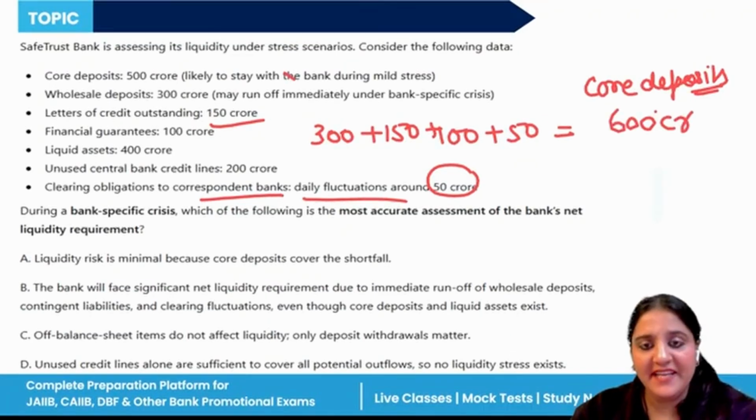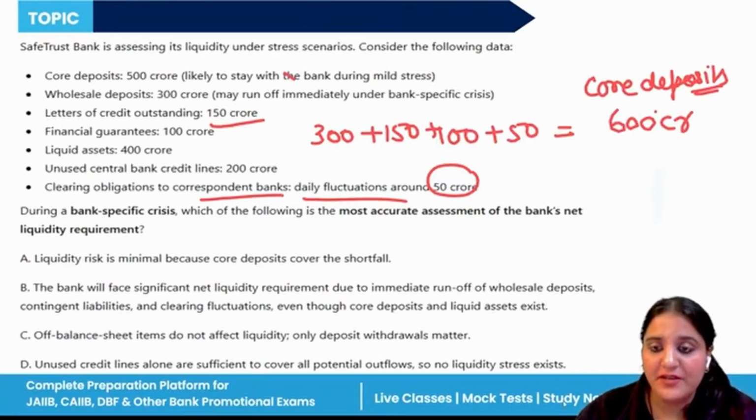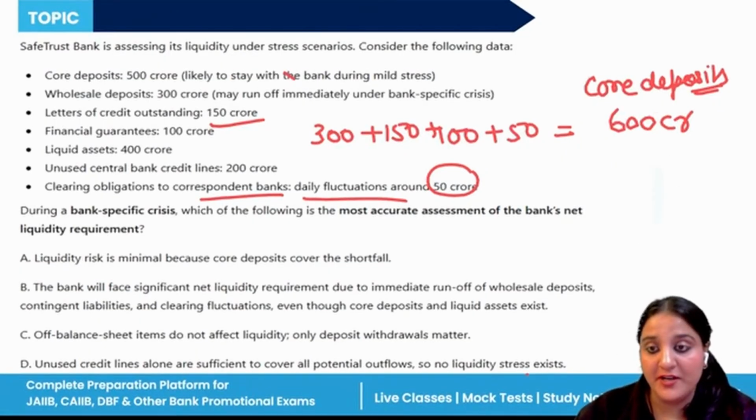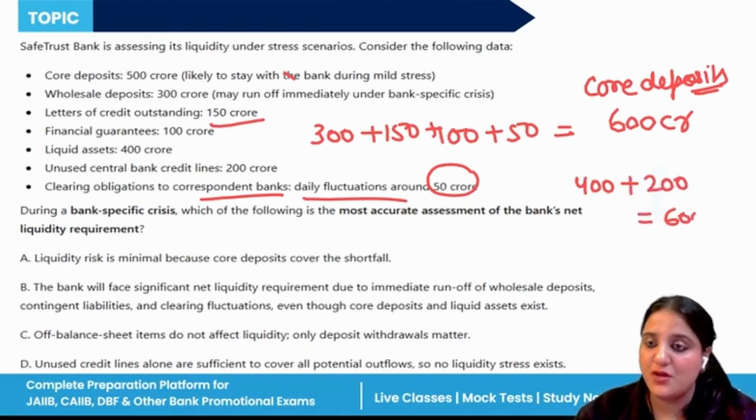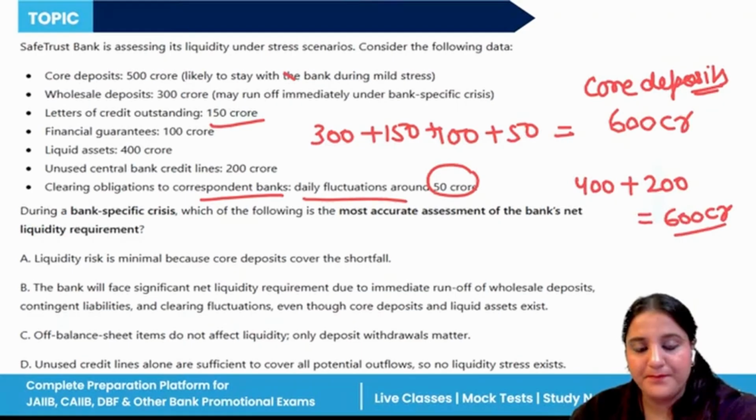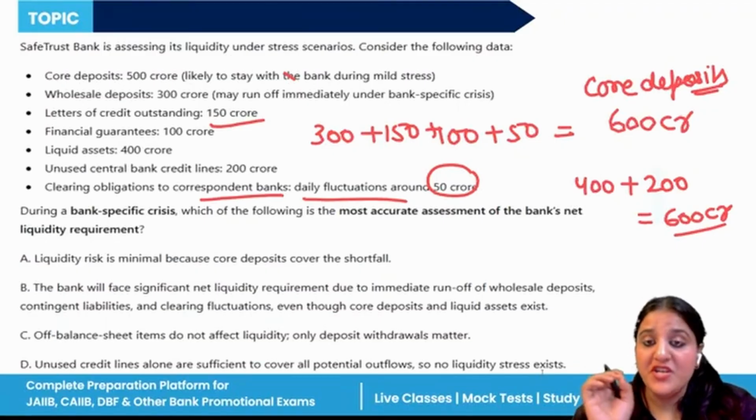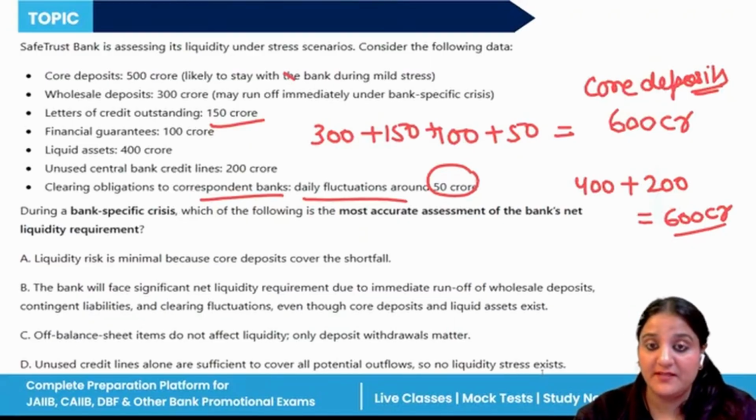And if we add the available liquidity, 400 crore of liquid assets and 200 crore of unused bank credit line, which equals 600 crore, right? So the net liquidity position is tight here, leaving no margin for unexpected stress or delays.